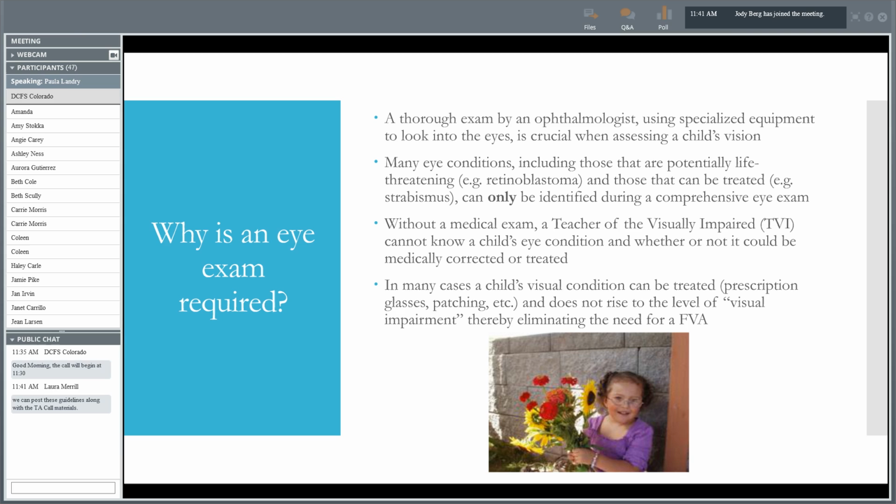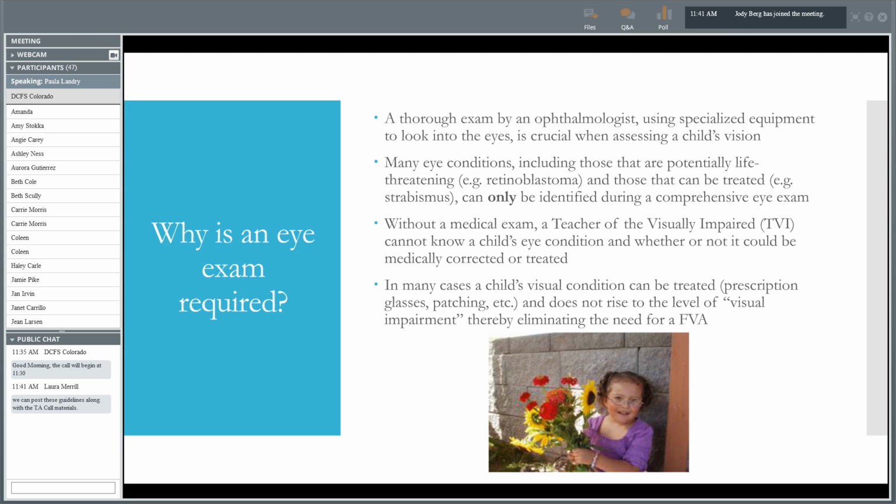The other thing is that a lot of times we get referrals for kiddos, and they may have something pretty simple like a strabismus, which is just an eye turn in or out, where the eyes cross. And those oftentimes can be treated pretty easily. So the eye doctors will do patching, or they may do surgery to straighten out or realign the eye muscles.